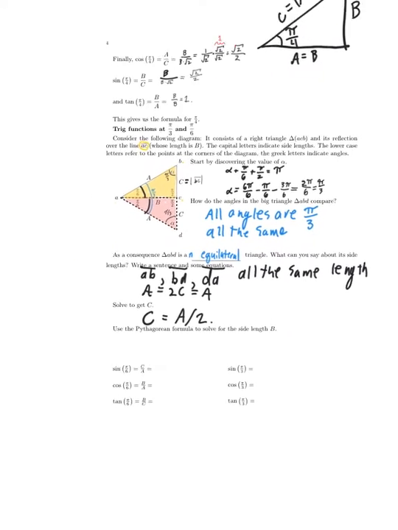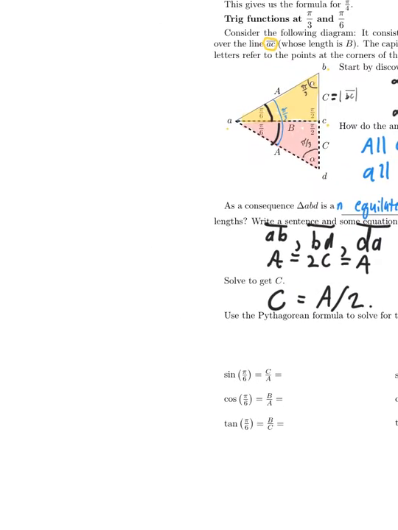That's handy. So I'm going to redraw that northern triangle again. So that top triangle has an angle right here of pi over 6. It has a hypotenuse of length A. It has a base of length B. It has a height of C equal to A over 2.